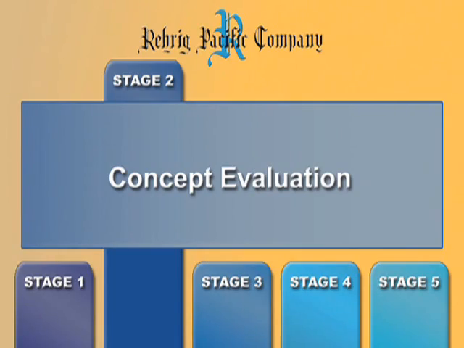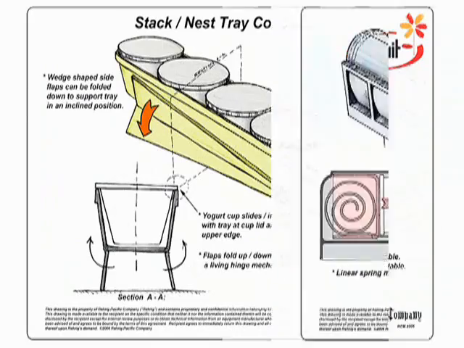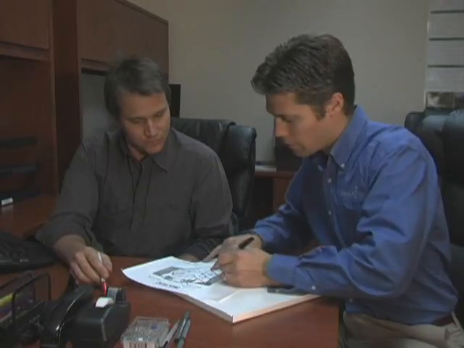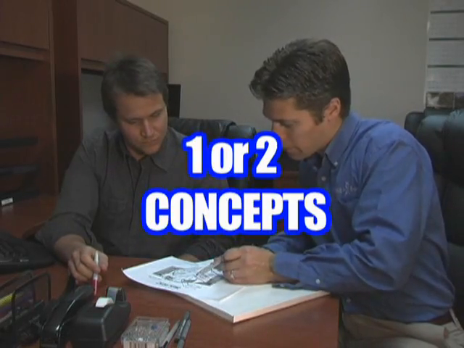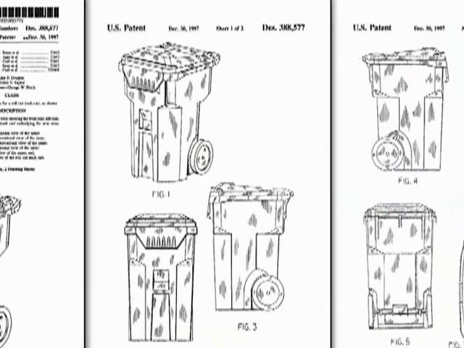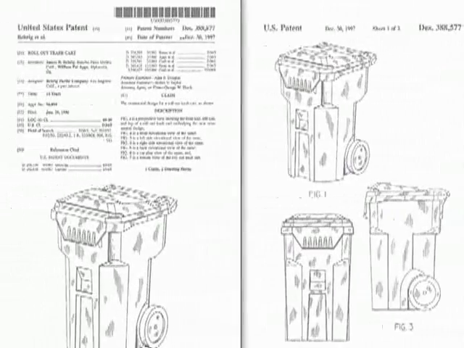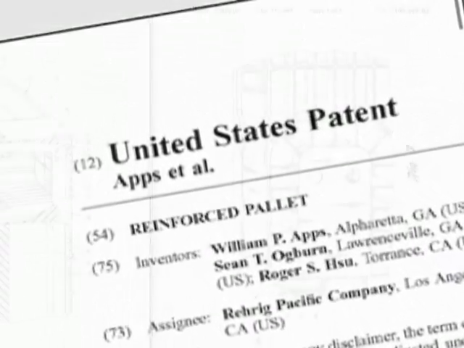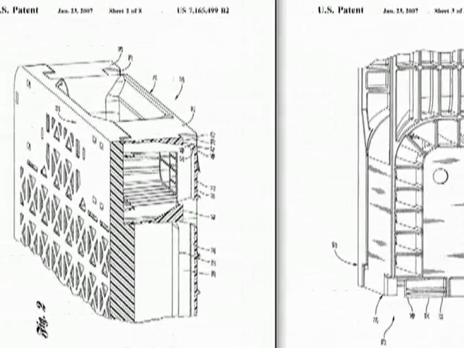The industrial designer will create a presentation containing anywhere from 5 to 10 concepts to show the customer. The feedback obtained from the customer helps focus the concepts down to 1 or 2 for further refinement. With the solution gaining direction from the sketching and feedback from the customer, the industrial designer will conduct an initial intellectual property search on the internet to determine if there are any specifics or product features that need to be avoided.